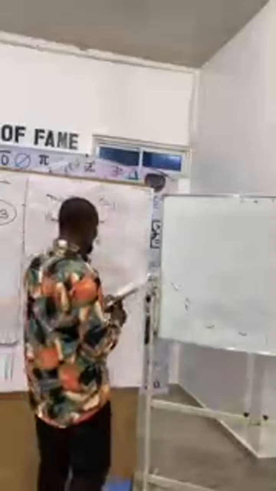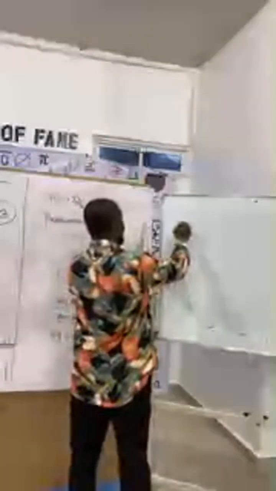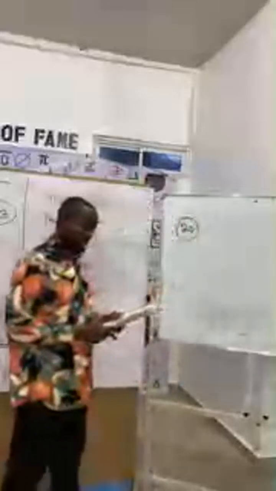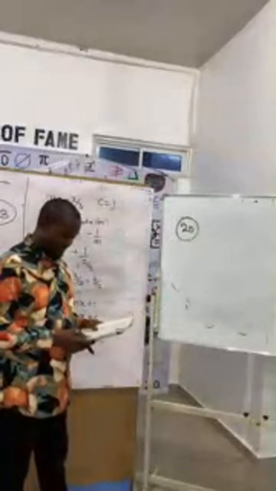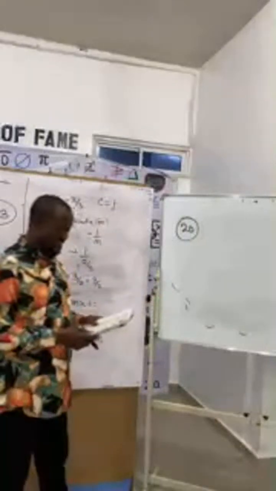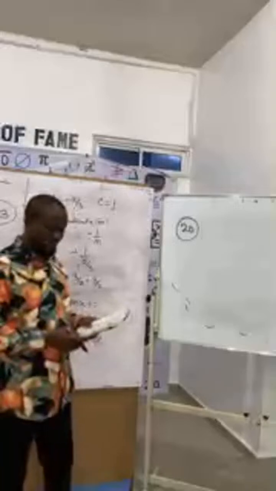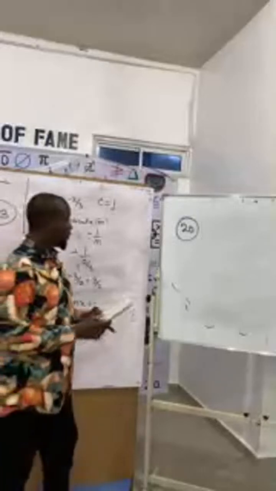So question number 20. Question 20 says, what is the equation of a straight line through two points?